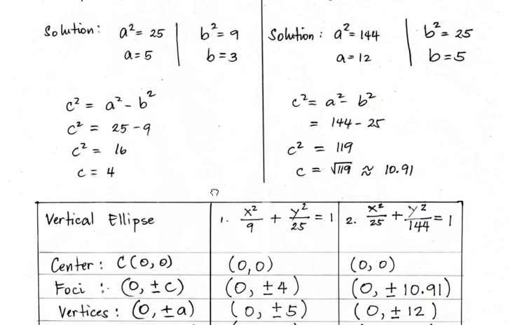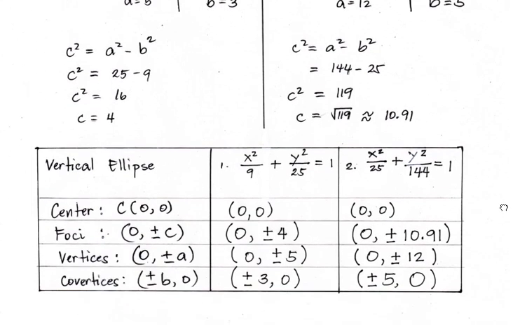I actually compressed the solution into the two ellipses. Let's consider first number 1. To recall, the components of a vertical ellipse in capsulized form: center at the origin, foci 0, plus or minus c; vertices 0, plus or minus a; and co-vertices plus or minus b, 0.